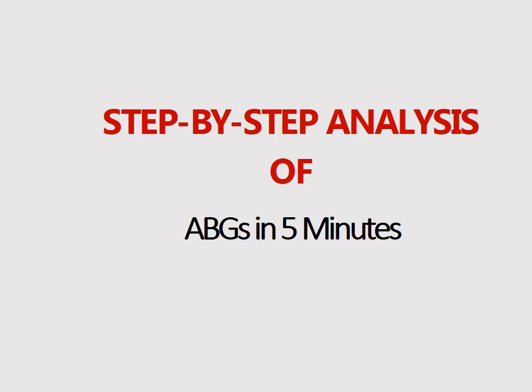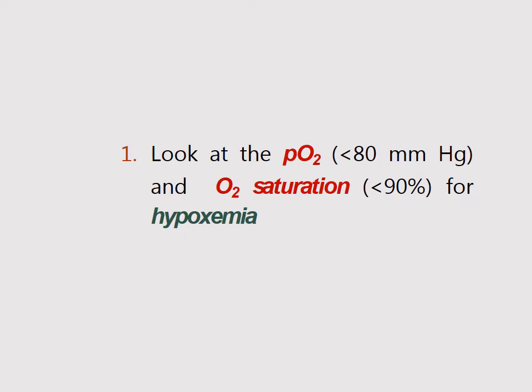We are discussing today arterial blood gases. The first thing when you look at an ABG strip, you would be looking at the partial pressure of oxygen, which is PO2. And why is this important? Because this will tell you whether your patient is going into respiratory failure or not.